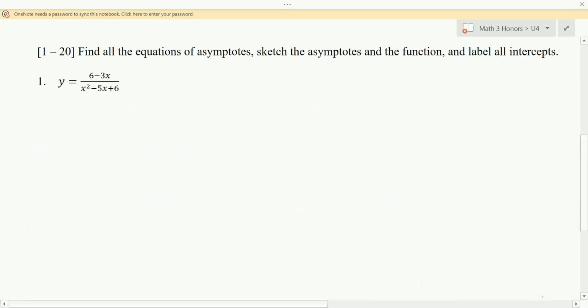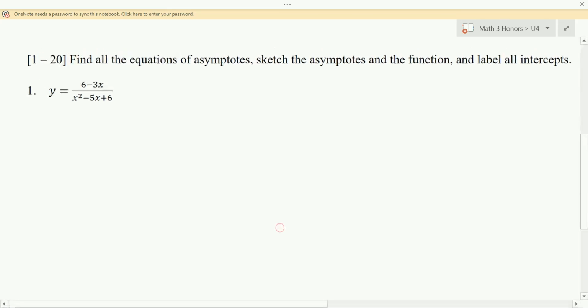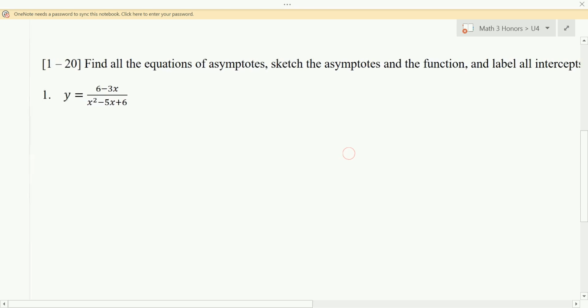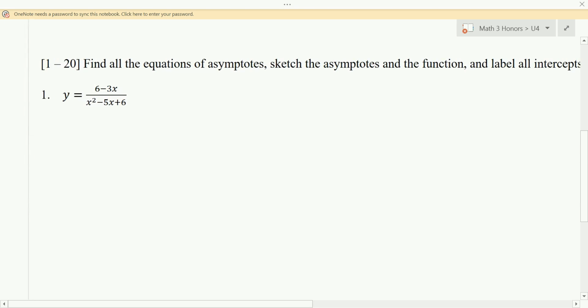Okay. So step one, we're given this function. Step one is to do what? Find the y-intercept. In this form, it's easiest to find the y-intercept by plugging in x equals 0.